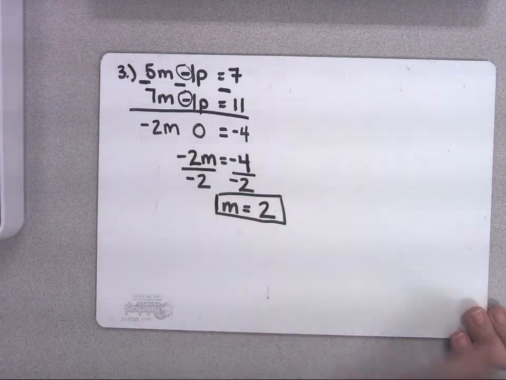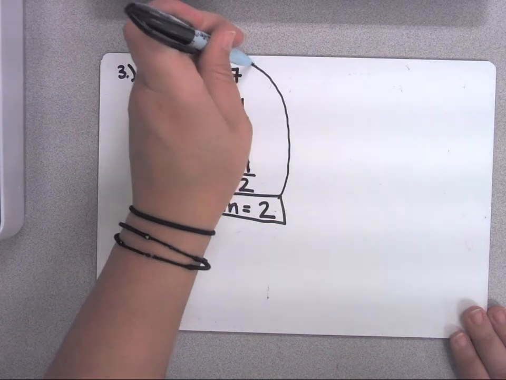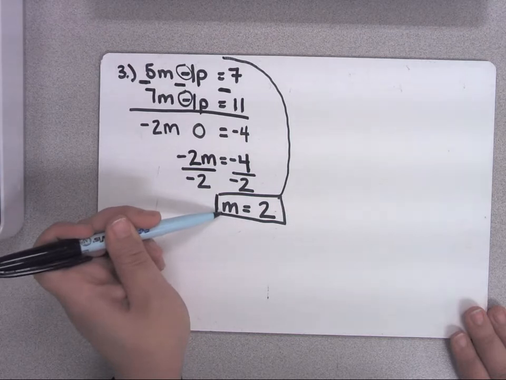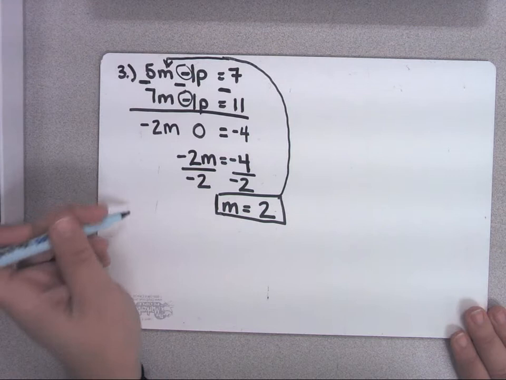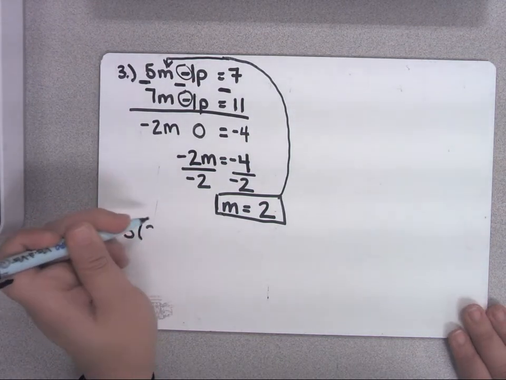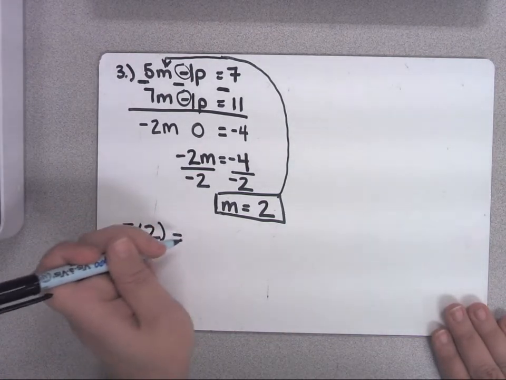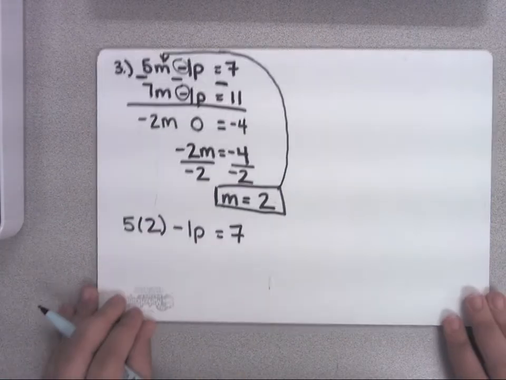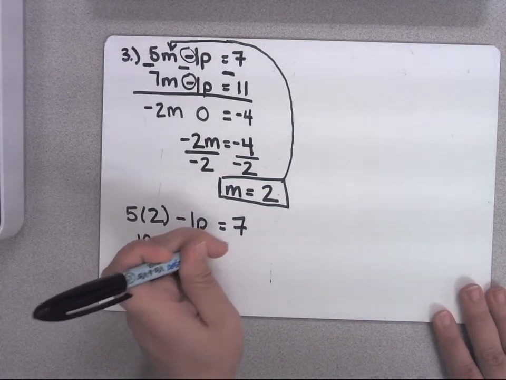Now that I have this, for what letter? What letter's right here? So we're going to plug that number in for m. So I'm going to write what? Okay. Now what are we going to do? Okay.